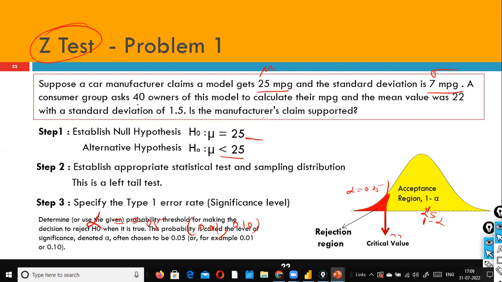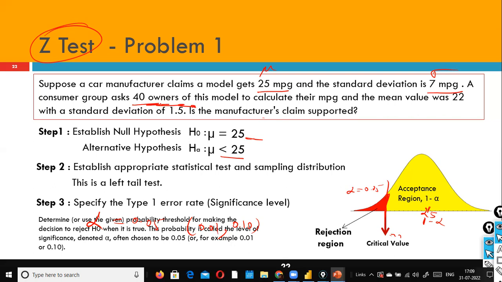See, my consumer group was 40 owners. We are running a survey with 40 car owners to find out whether they are really able to get 25 miles per gallon. You cannot call all the customers who bought a specific model of a car. Instead, you randomly sample it.